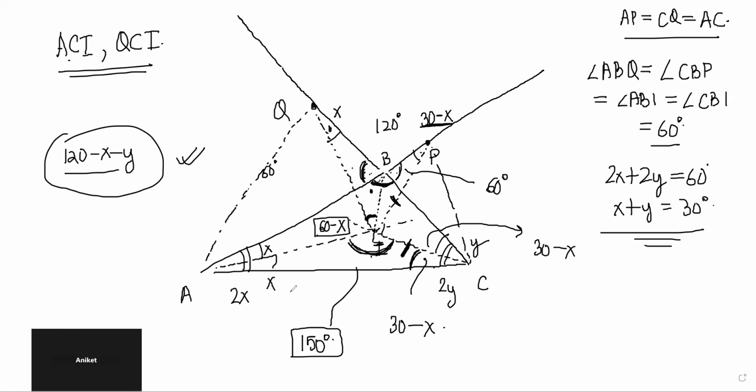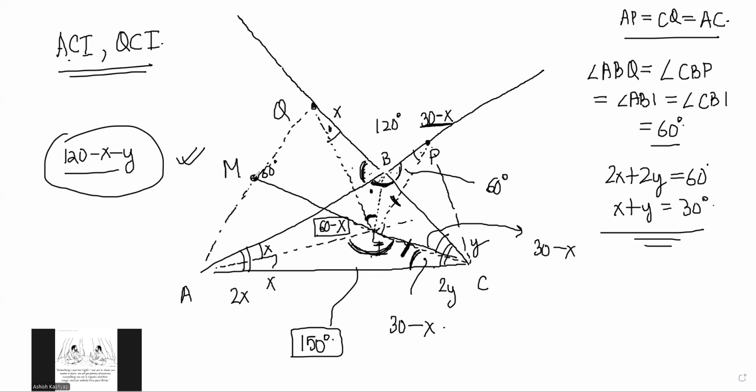Now, we know that QC is equal to AC. So AQC is an isosceles triangle, right? This angle bisector that we have drawn here, you can extend it and see where it meets here.